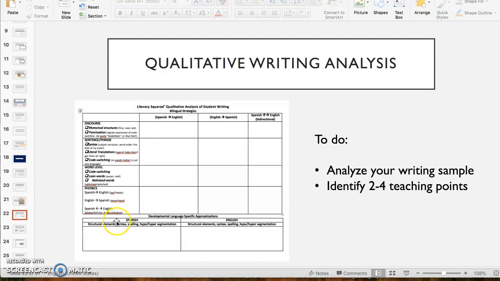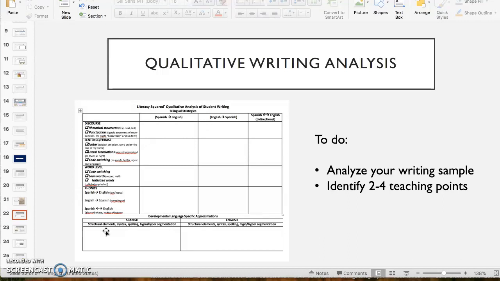And the first thing that you're going to do is look at the bottom of this table, and I want you to identify things in the sample that are characteristic of any learner, either at the first grade level, if that's the sample that you chose, or fifth grade learner, if that's the sample you chose. So for example, all first grade learners struggle with the word because.